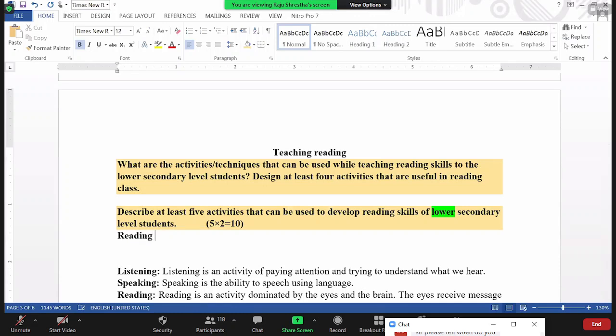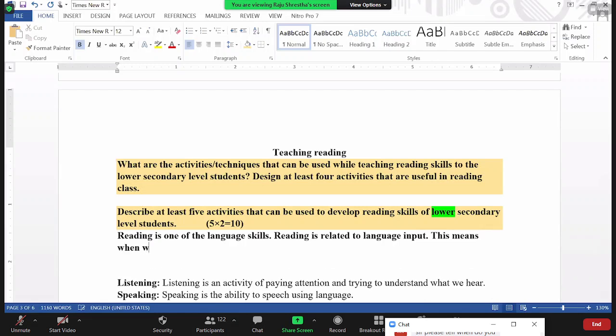Introduction part: reading is one of the language skills. Reading is related to language input. This means when we read, we receive message and information.